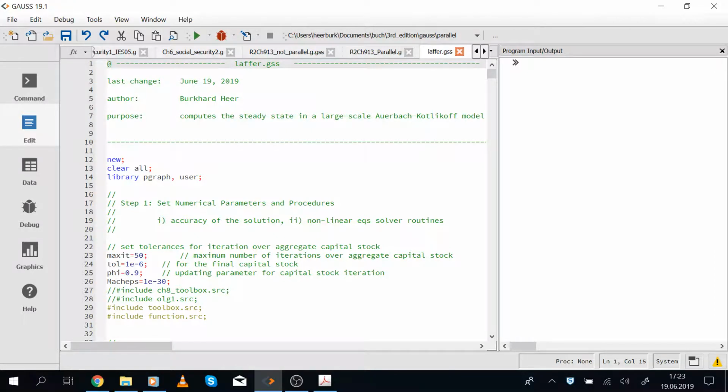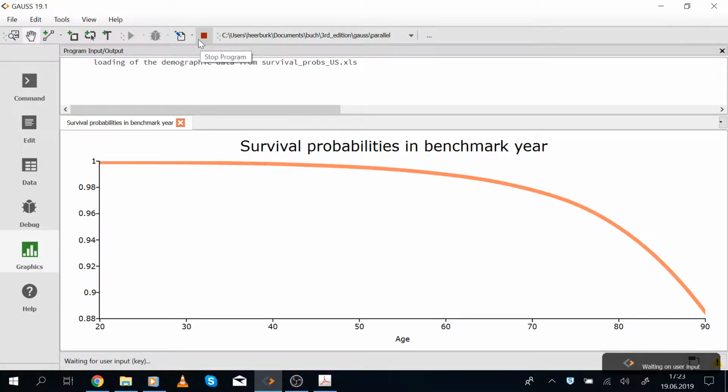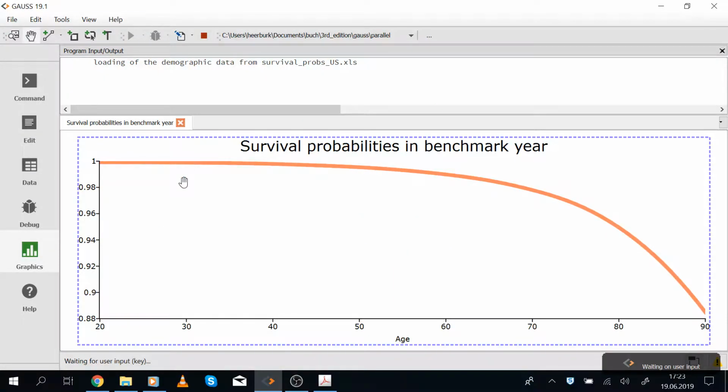Now let us first run the computer program Laffer.gss to see if it works. For this reason, press the green arrow or F5 to run, or Control R to run the program. And first you will find the display of the survival probabilities in the benchmark year.